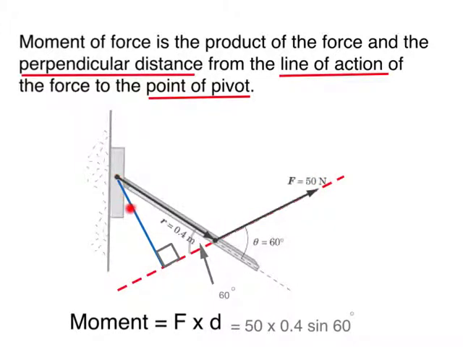The perpendicular distance, if you know your maths well, should be 0.4 sin 60, and the moment is force times this distance, which is 50 times 0.4 sin 60.